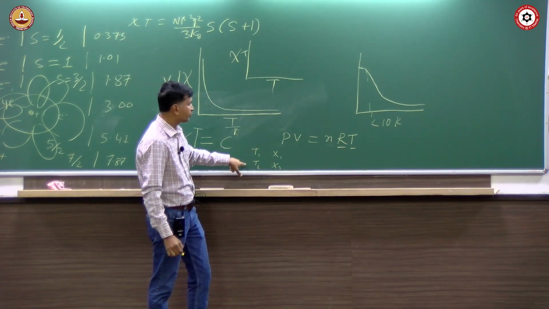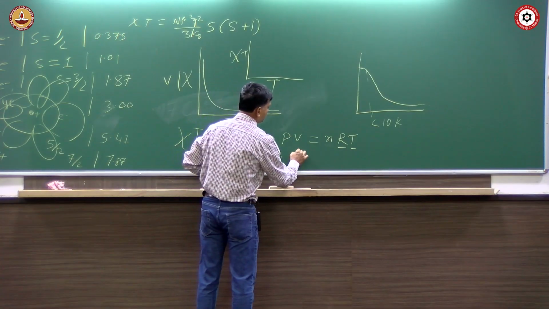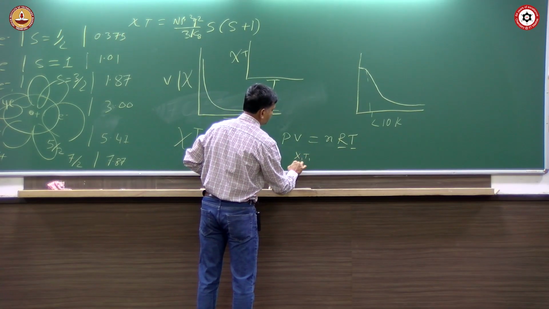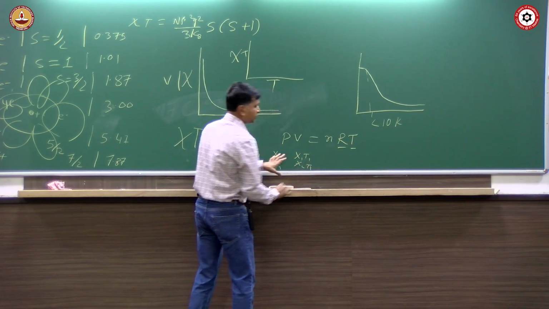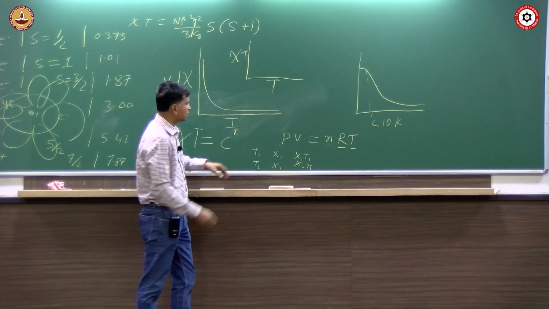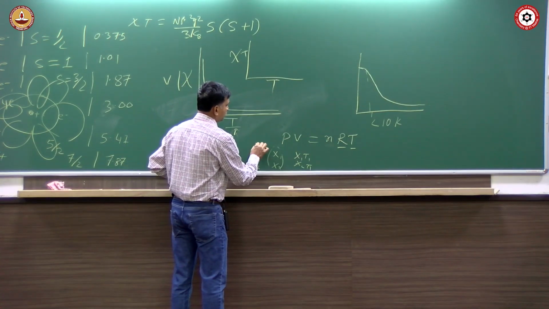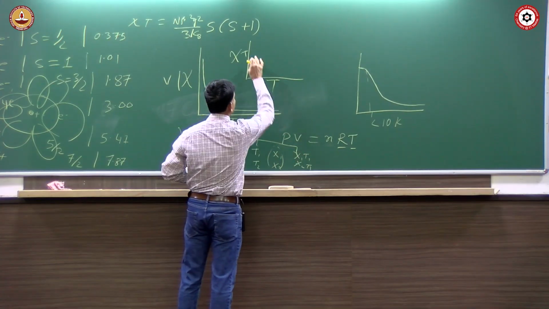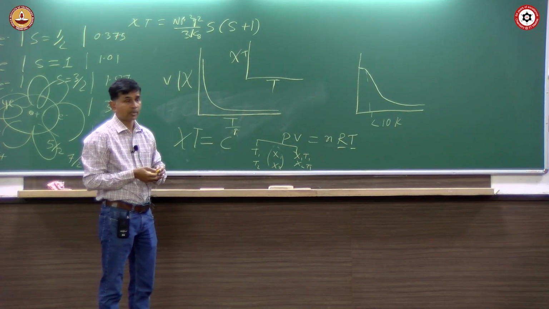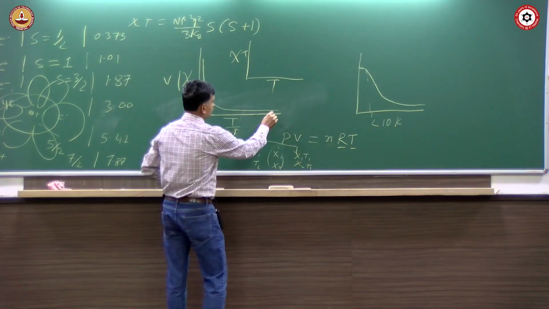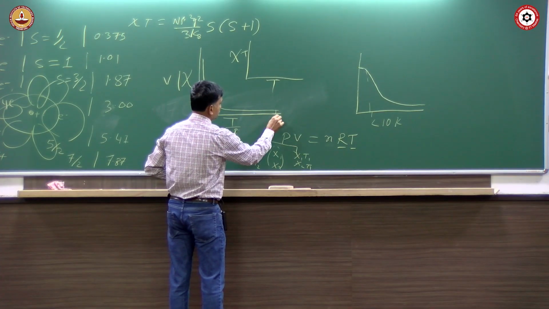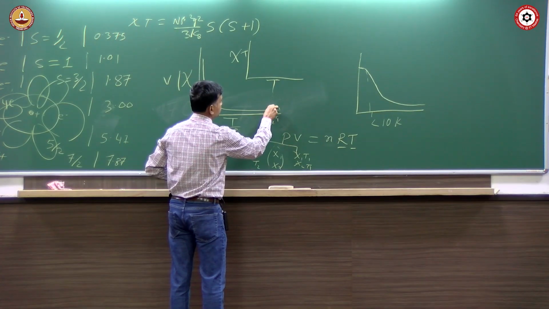If you multiply, it becomes chi 1 T1, chi 2 T2, and so on. So instead of the earlier plot, this corresponds to this, and that is my plot here, with T1, chi 1, T2, chi 2.